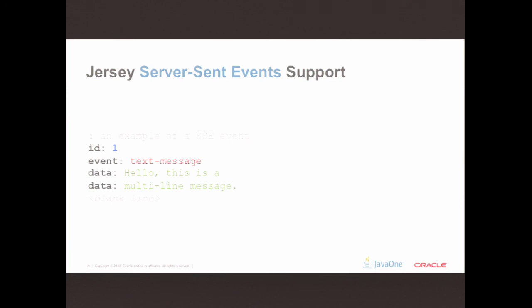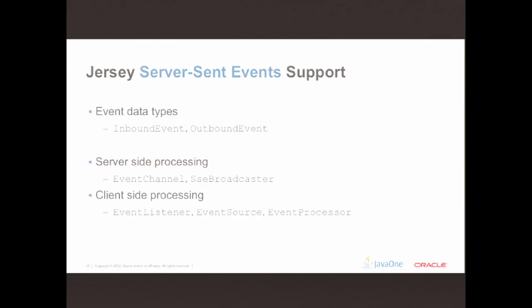That's the format of the SSE event, and that's what you would see on an SSE stream. And we are providing some APIs for working with the SSE streams. This example will be part of the Jersey examples, so we will be able after the session to look at the code and play with it more.